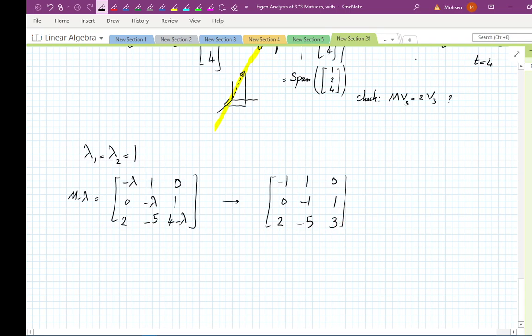Now, what we are solving is the null vector of this. What should I multiply this thing with to get 0? So let's go to our lifesaver there. Let me write this thing on a paper so that I don't flip-flop so much. 2 minus 5, 3.